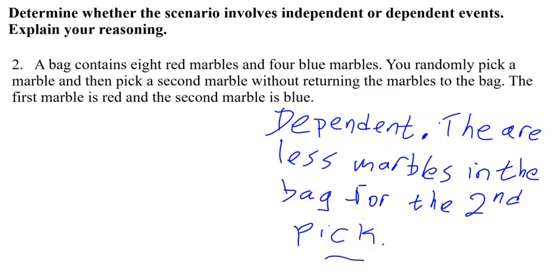Because in the first pick, we said we were going to pick out of 12 marbles, but the second pick was out of 11 marbles. So the bottom number changed. So that shows that they are dependent events.